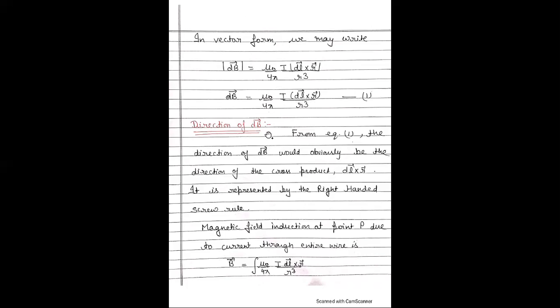Now the direction of dB: from equation 1, it is clear that the direction of the cross product dl cross r is given by the right-handed screw rule.